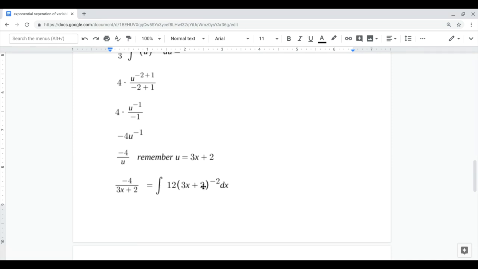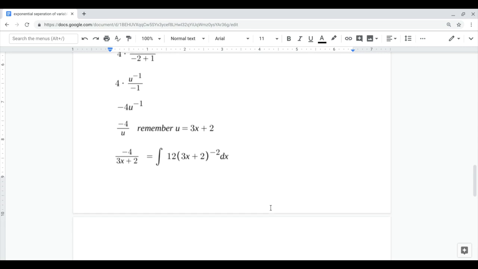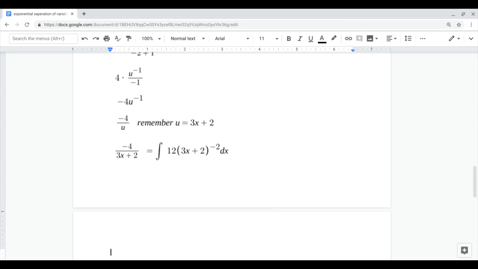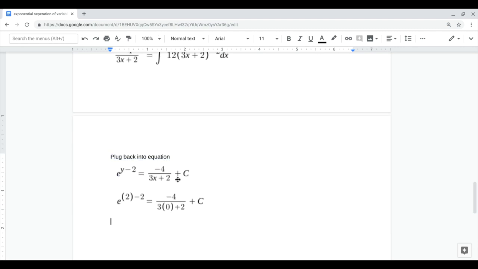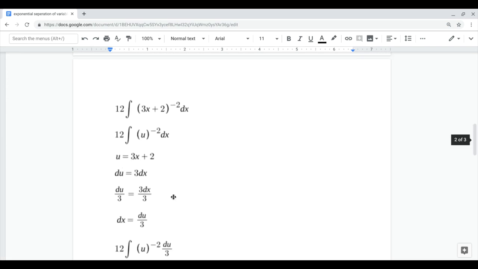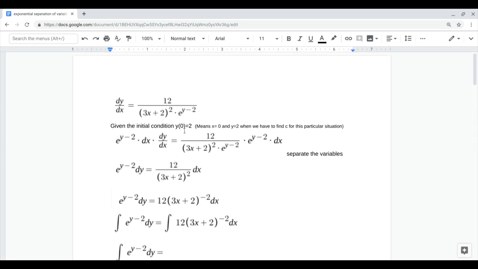Because an indefinite integral has a variety of solutions, but with our initial condition, we can soon solve for c. So e to the (y - 2) power is equal to negative 4 divided by (3x + 2) plus c.